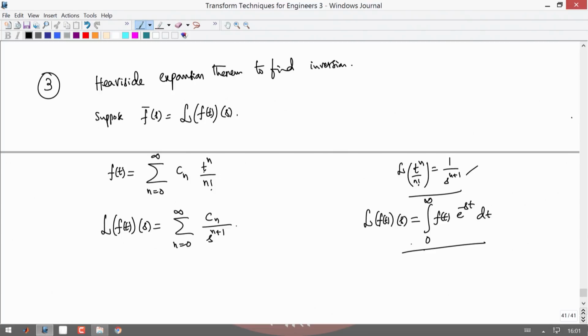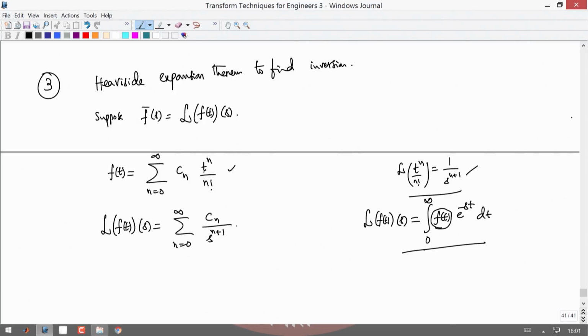So, even if f of t is replaced with this series, this series is uniformly convergent. This is because the Taylor series, which is a power series, is uniformly convergent on every closed set.